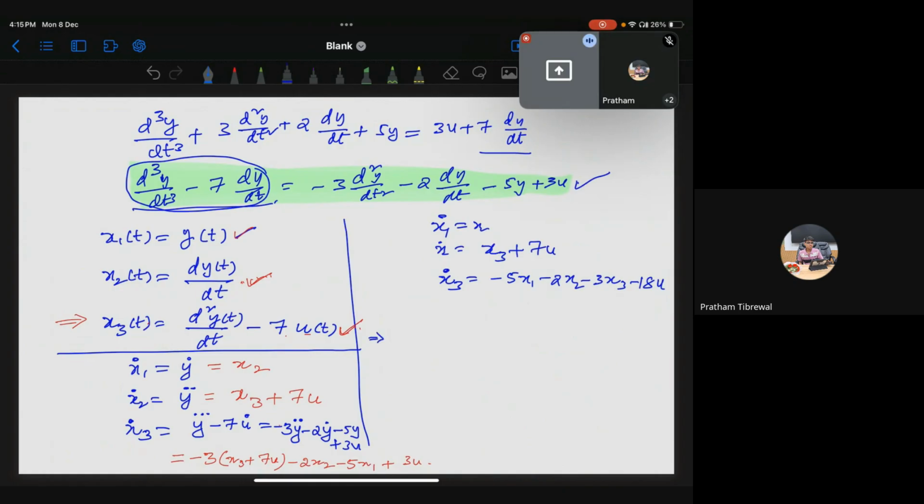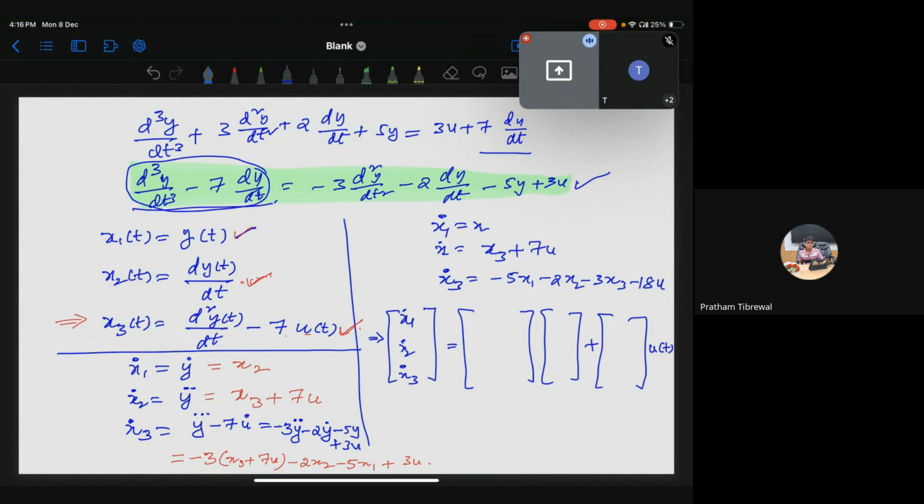Okay, so what is the format now? X1 dot, X2 dot, X3 dot equals a matrix times X1, X2, X3, plus a column times u of t. The first row is 0, 1, 0; if you multiply it, you'll get X2.